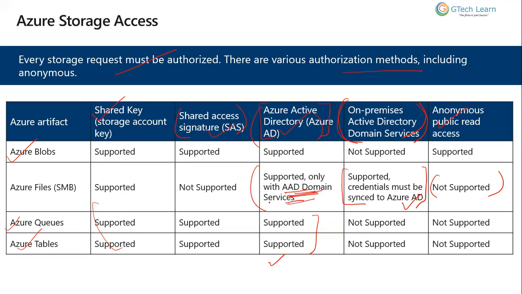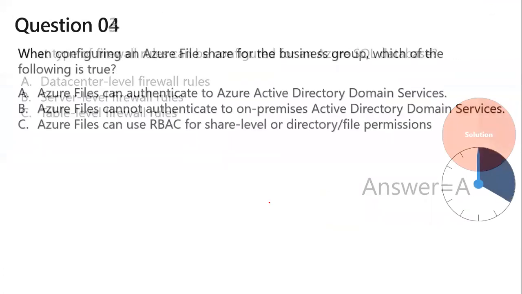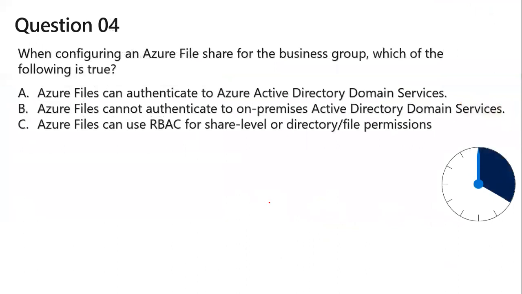So if I move ahead to that specific question, you can see it says authenticate to Azure Active Directory Domain Services. So this is going to be the correct answer. But if we have on-premises Active Directory Domain Services present, then in that case we can have this answer as incorrect. No problem, Aryan.